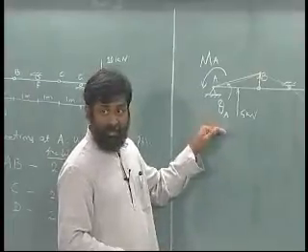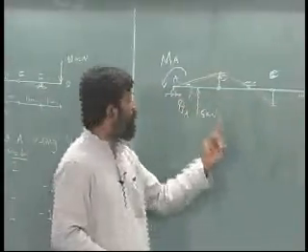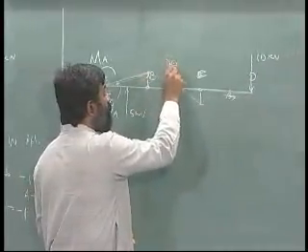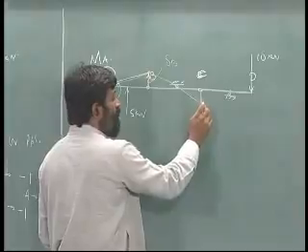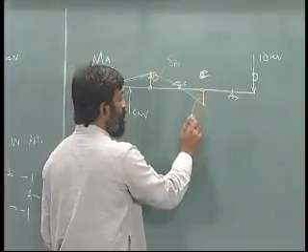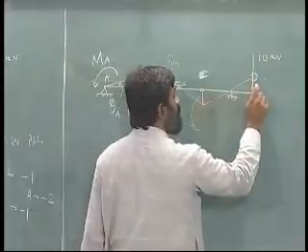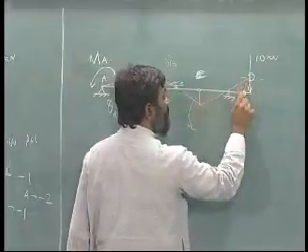Consistent to this virtual displacement I need to find out, this is an upward displacement delta B, this is a downward displacement delta C, okay, and again consistent to this I should get this which is delta D, simple.